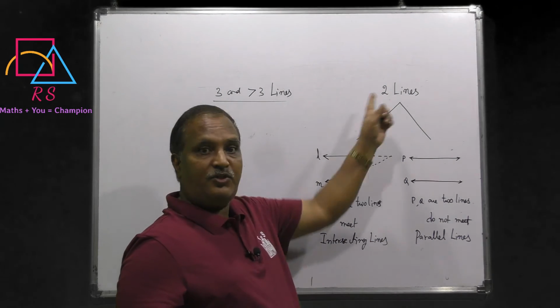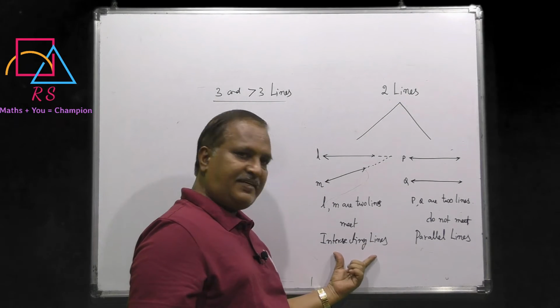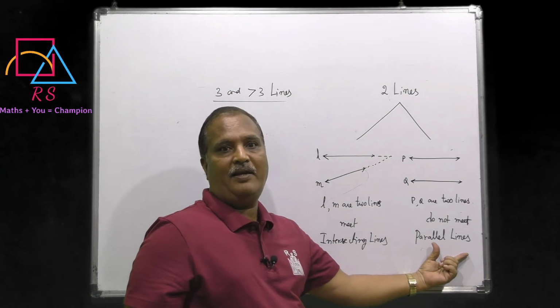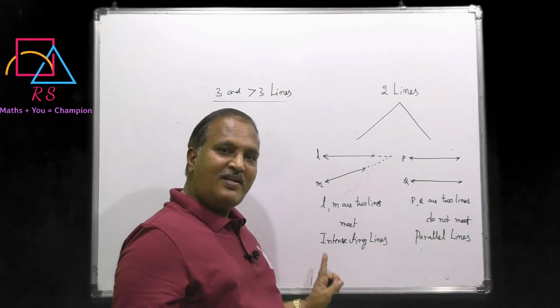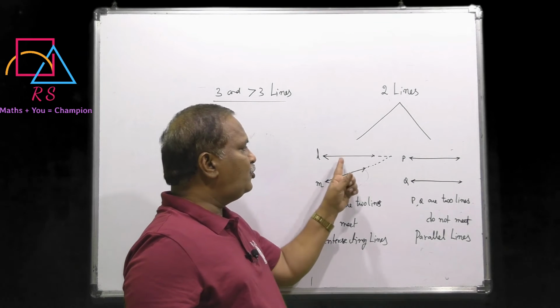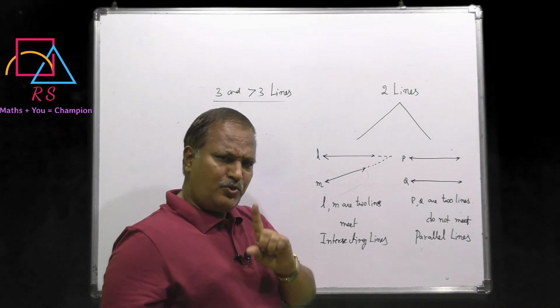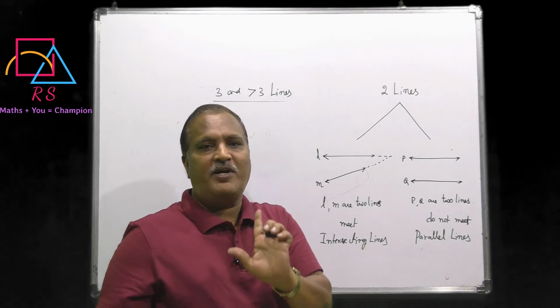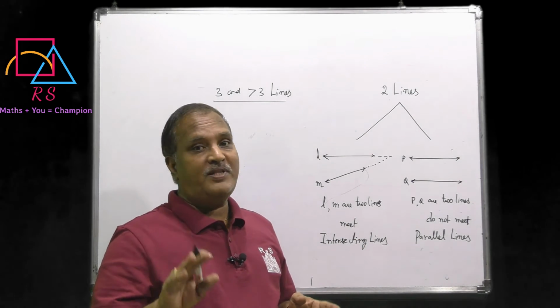So there are two possibilities for two lines. Two lines may be intersecting, or may be parallel. If they are not parallel, they are intersecting. If they are not intersecting, they are parallel. Intersecting means two lines are meeting at one point. Two lines will meet at only one point; they cannot meet at more than one point.